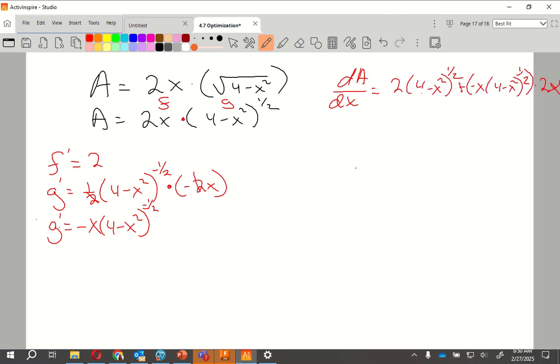Let's see, rewrite it to try and clean it up. dA/dx is going to be equal to 2 still, 4 minus x squared to the 1/2. This is going to turn into a minus 2x squared, and since it's a negative exponent here, I'm going to put it down here. That's going to have 4 minus x squared to the positive 1/2.